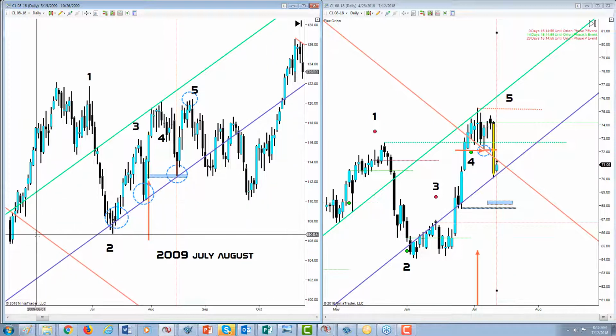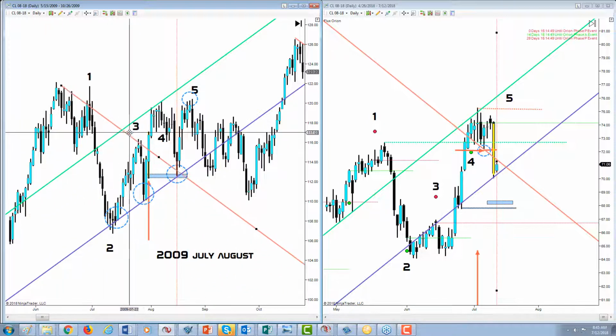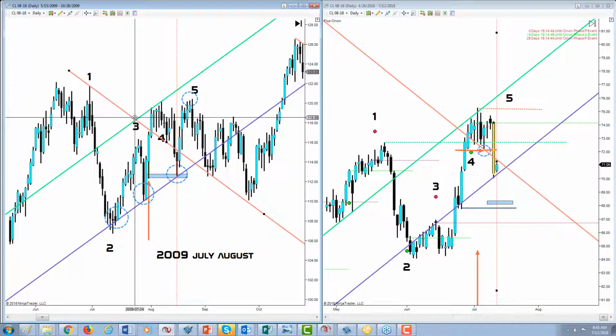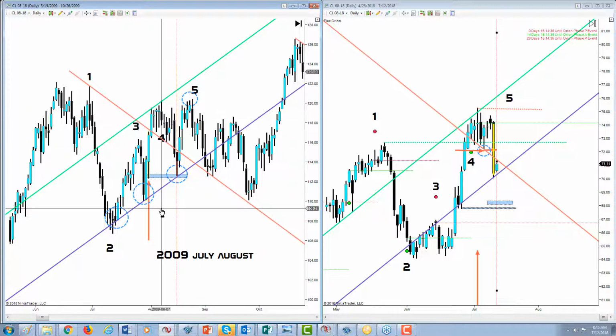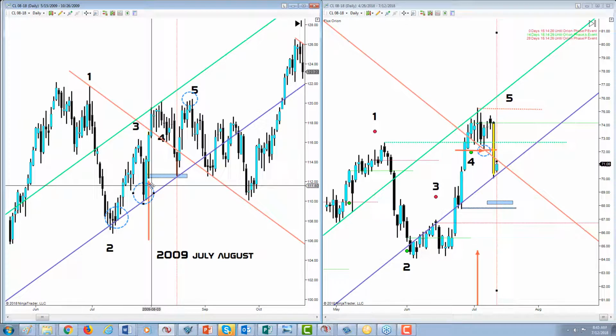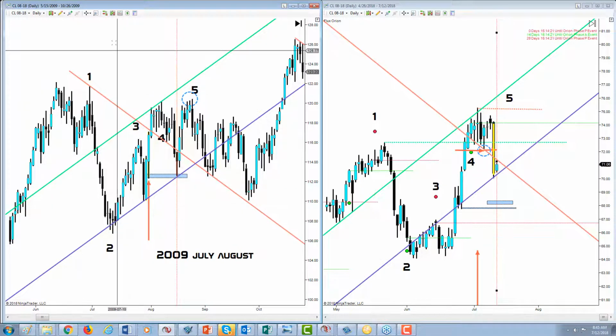And so what I'll do now is I'll take this red line and we'll see if we can't find that high. Here we go. So the intersection of those two lines, check this out.